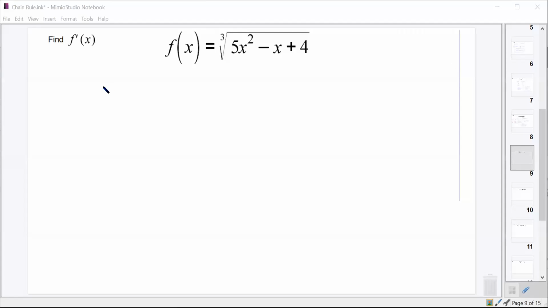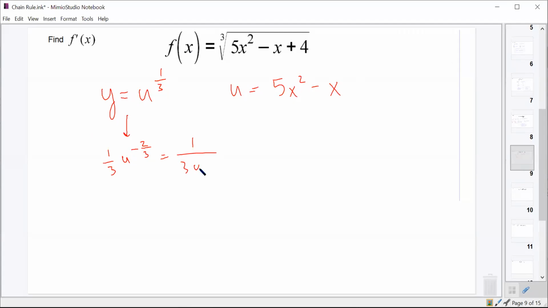So we've got y equals what? u to the 1/3. Yeah, u to the 1/3, right? Cube root is 1/3 power, so u to the 1/3, with u equal to 5x squared minus x. So our dy du becomes 1/3 u to the negative 2/3, or 1/3 u to the 2/3 in the denominator.